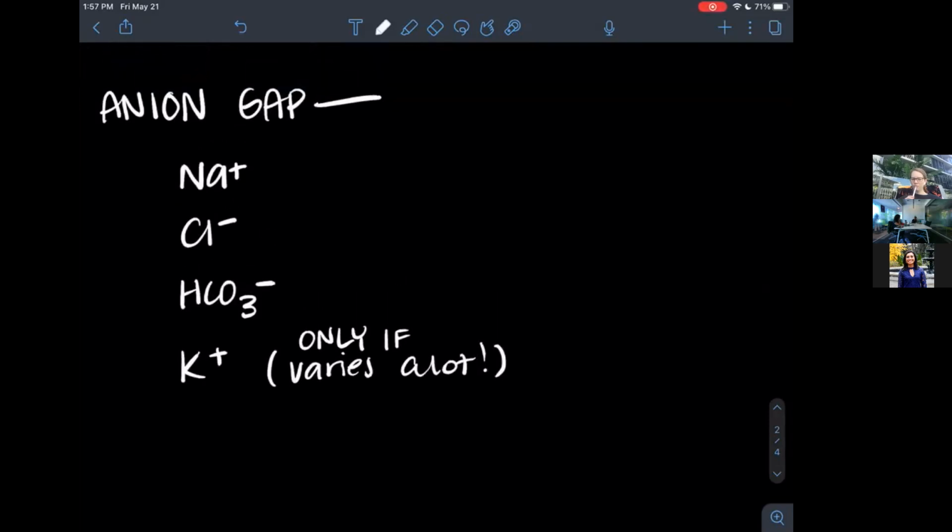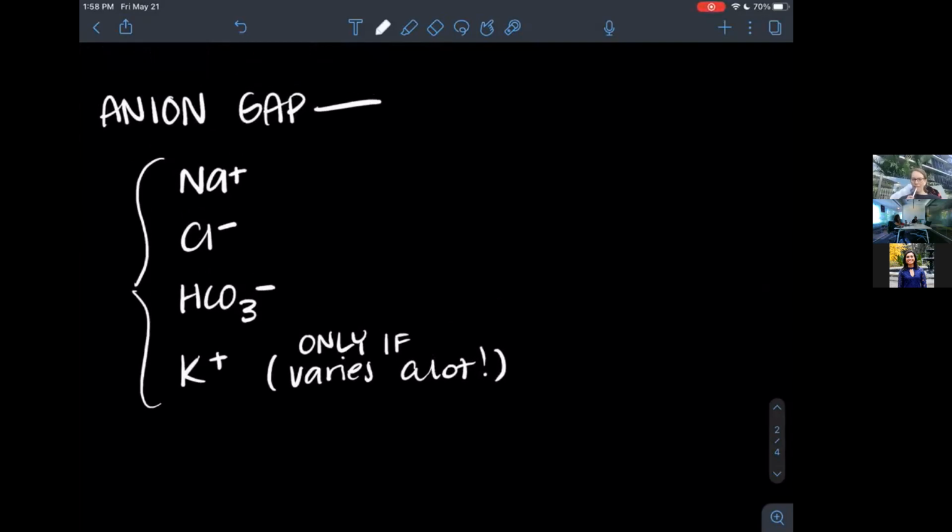If it doesn't vary that much, we won't consider it. So the idea is that we will add or subtract the concentration of everything that's going on here, and we will come up with a gap.